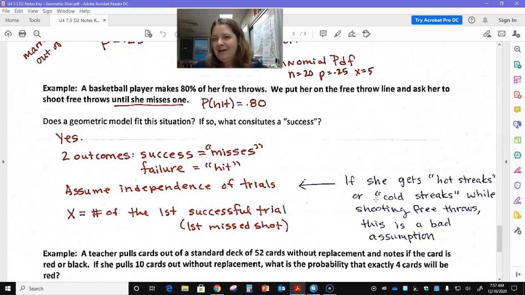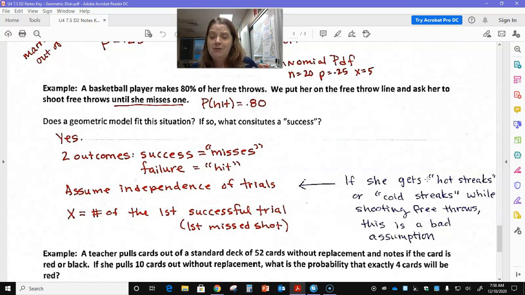And then we have this thing about independence. Are these independent trials, is the probability that she misses the same each time? We're going to have to assume that for this to be geometric. If she gets a hot streak or a cold streak, because this is a sports thing, it's not like rolling a die, this would be a bad assumption to make.